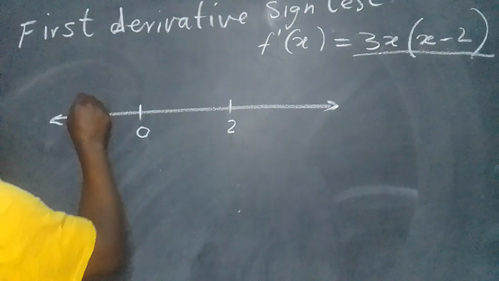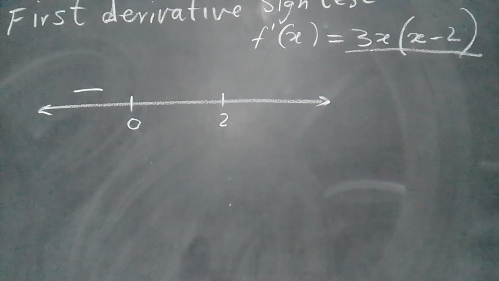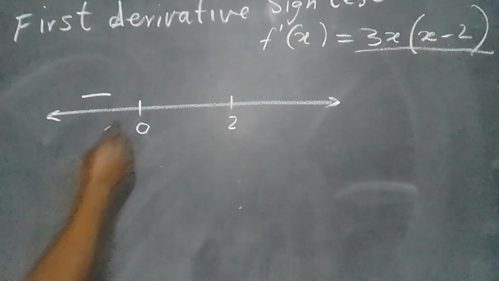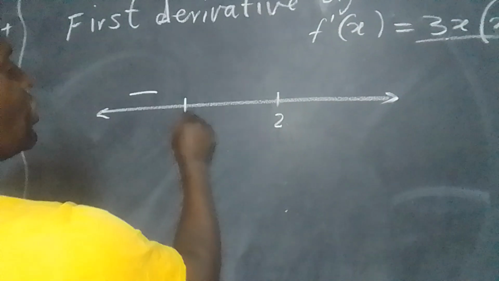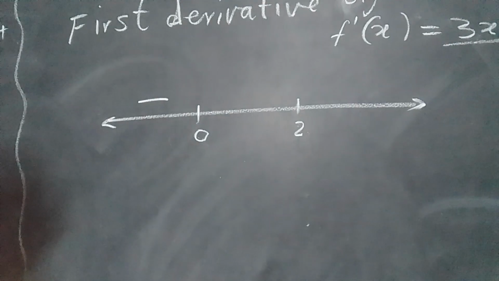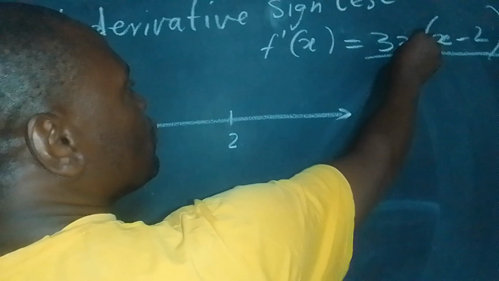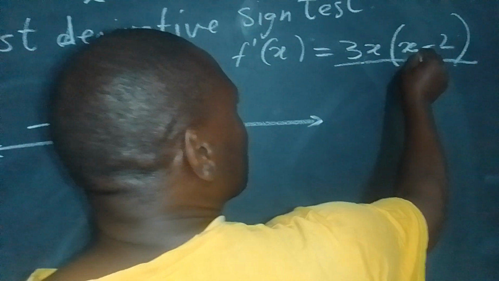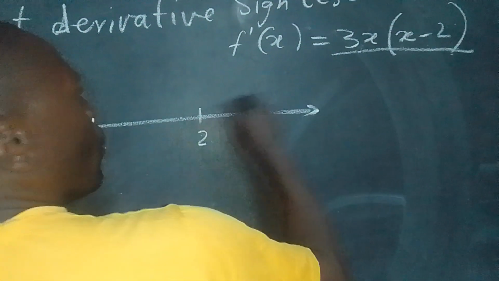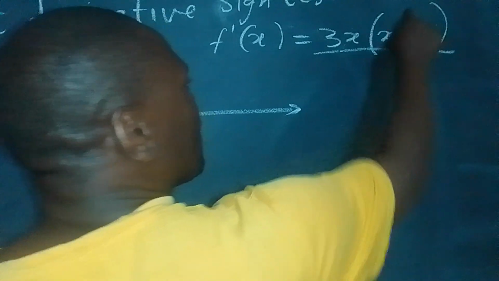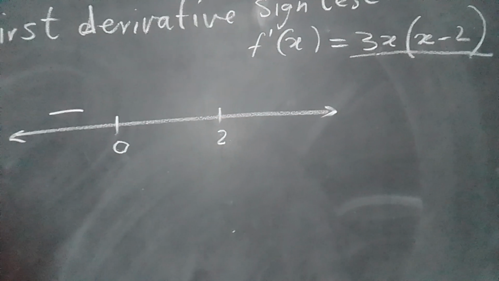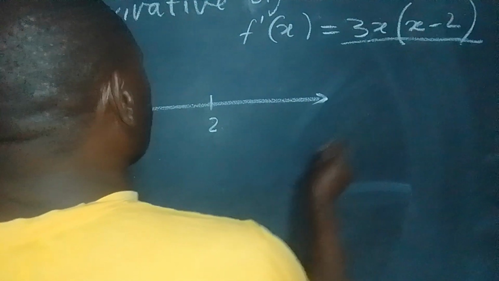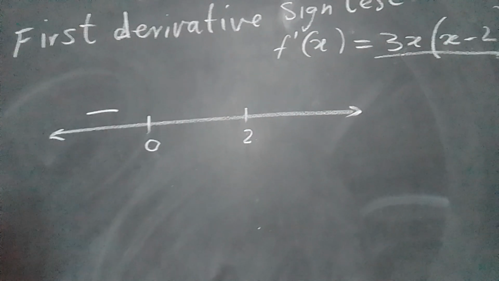So here we have a negative sign. If we take any number between 0 and 2, say for instance 1, 3 times 1 is 3, a positive sign. 1 minus 2 gives you a negative 1. A negative times positive is negative.